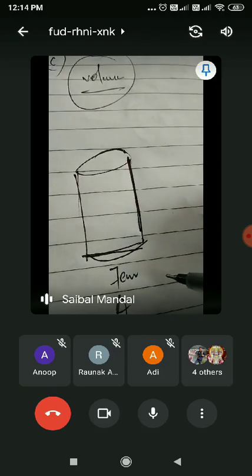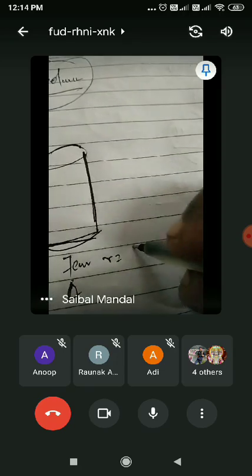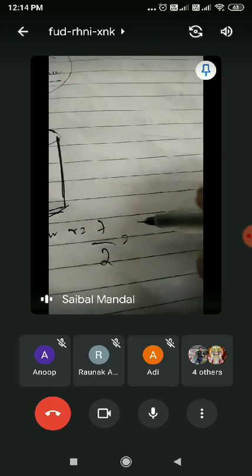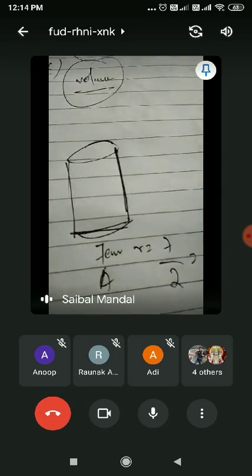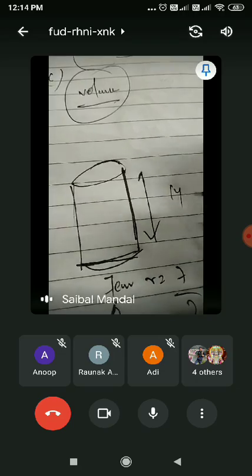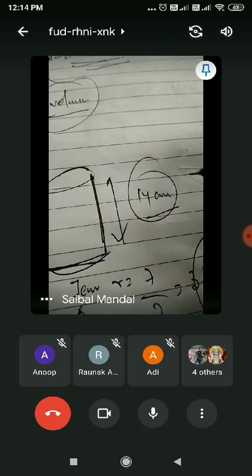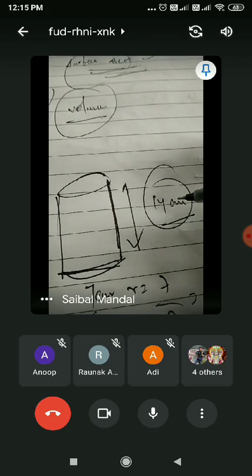So naturally, if the diameter is 7 centimeter, radius is 7 by 2, which is 3.5 centimeter. The height of the cylinder is 14 centimeter.